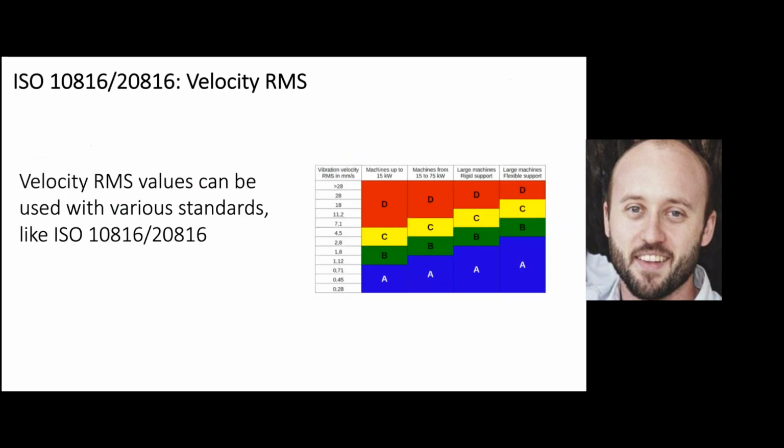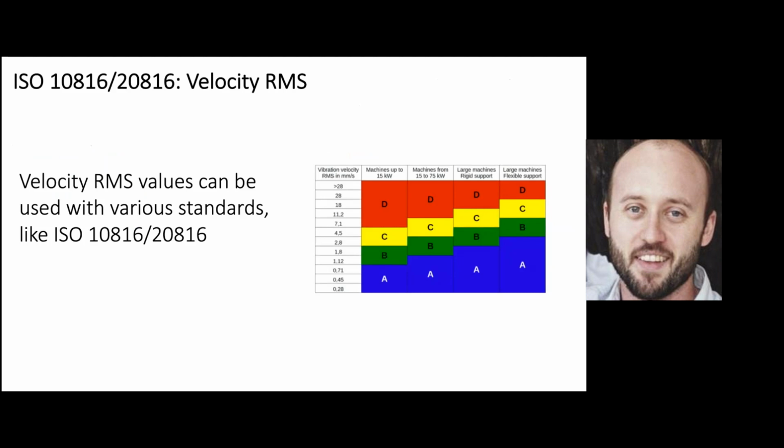And there has been quite a bit of research performed over the last several decades on velocity, specifically velocity RMS. So remember, we said RMS was sort of like the average energy in a signal. So if we can take our acceleration vibration, turn it into a velocity signal, and calculate the overall RMS, we can look at how that progresses over time, and that can help us to pick up on various faults.